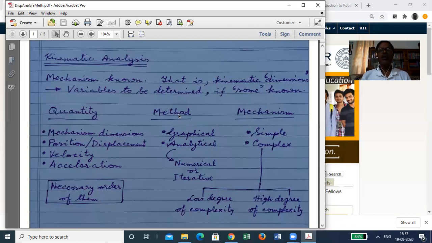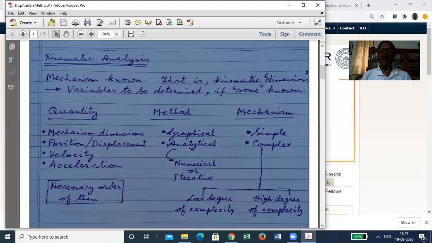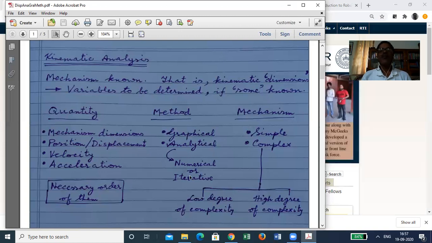Actually now we come to the discussion of methods. There are two kinds of methods, graphical and analytical, with the understanding that analytical methods at the end of their analytical work actually have access to numerical methods or iterative methods. Now there are a few issues here.